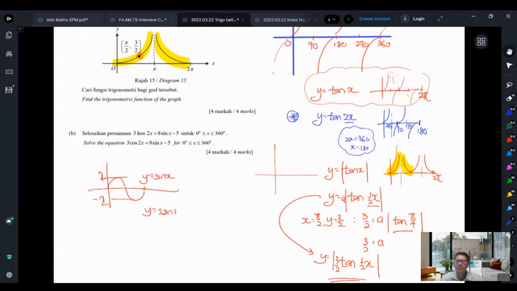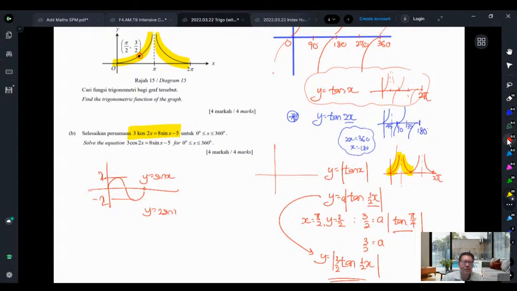Okay, so part B, solve this equation. For today, I think I will finish up to this question and then we'll call it a day. Okay, so we'll continue this one again next day.